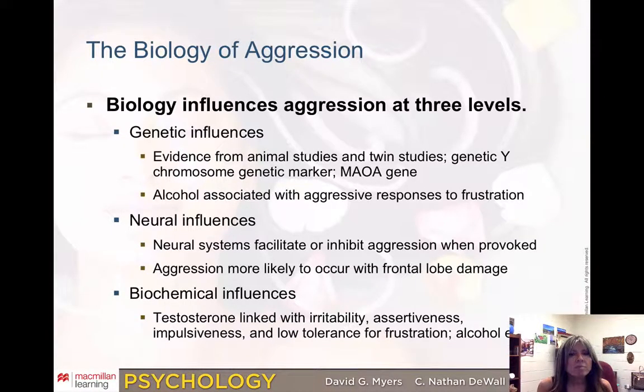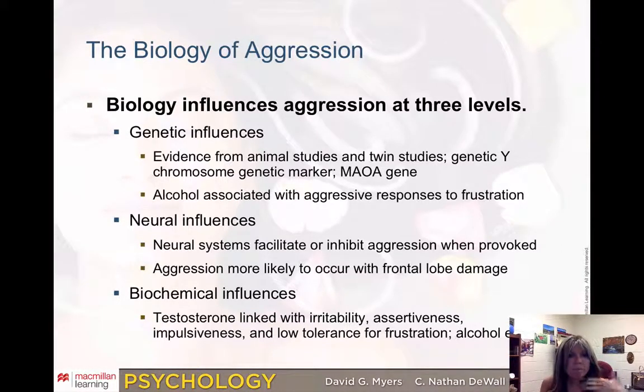The neural influences, and again, this is all falling under biology, whether it's a genetic marker or a neural system that facilitates aggression. We see that in the amygdala, in that area where we have emotions, there's also an area where there's rage.